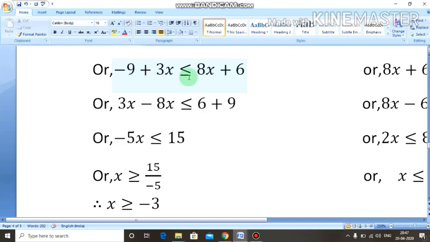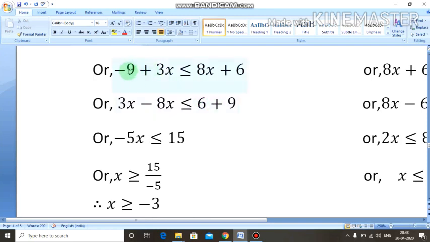Same process: first we take all the x related terms to one side. Here 3x was there and we have moved the 8x from the right hand side to the left hand side. On the right hand side it was plus, so it will be minus on the left hand side. So 3x minus 8x less or equals to, and consider all the numbers. 6 was already on the right hand side, and move this 9 to the right hand side.